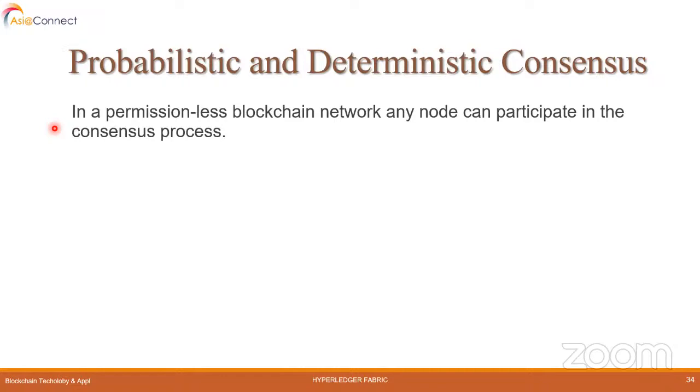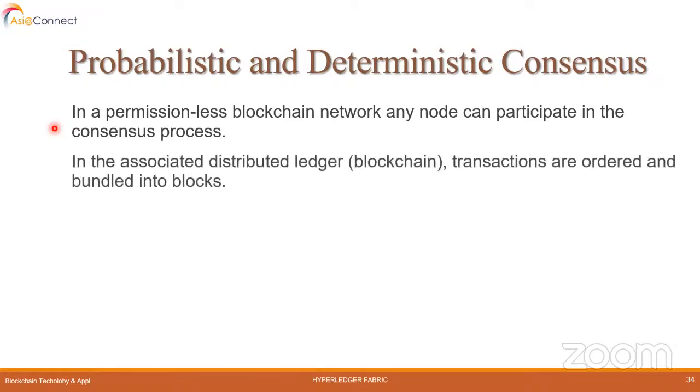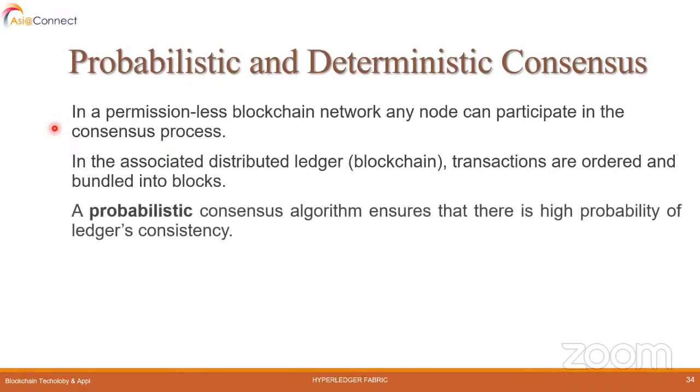So in a permissionless blockchain network, any node can participate in the consensus process. So in the associated distributed ledger, transactions are ordered and bundled accordingly into blocks, right? So what happens? Let me take an example. Suppose there are certain nodes who are taking part, right?